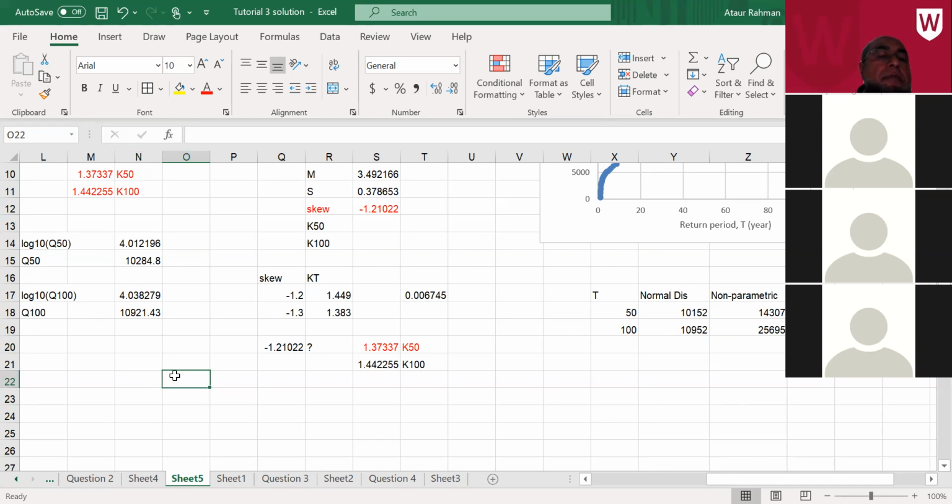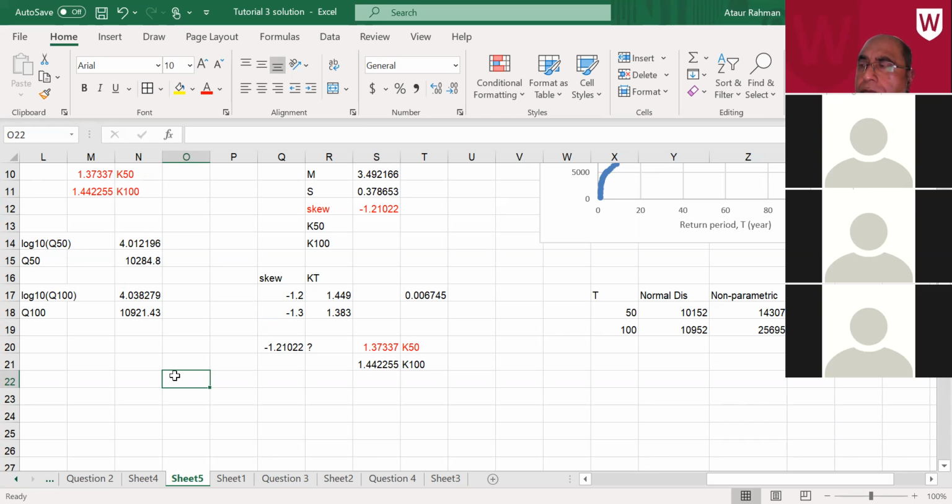I also meant for the normal distribution question where you use the NORM.S.INV Excel formulas. I'm talking about question 2, parts A and B. For Q100 and Q50, you use the Excel formulas to interpolate the frequency factors from the first chart for Z. But because it says the data is normally distributed, which means the skewness is 0, can we just go to the LP3 chart?